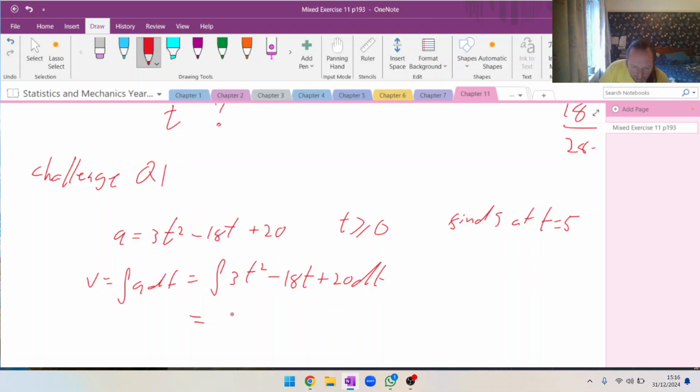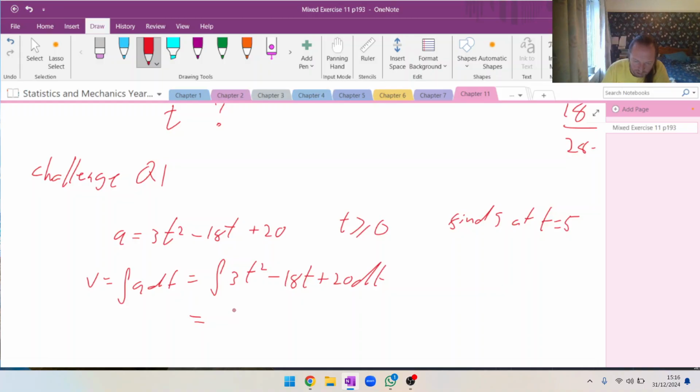Increase the powers and divide by the new powers.